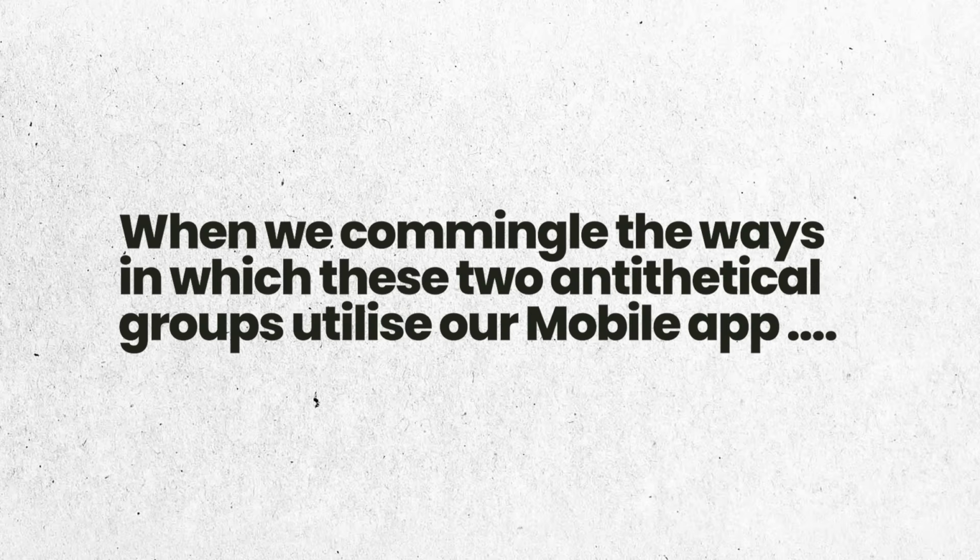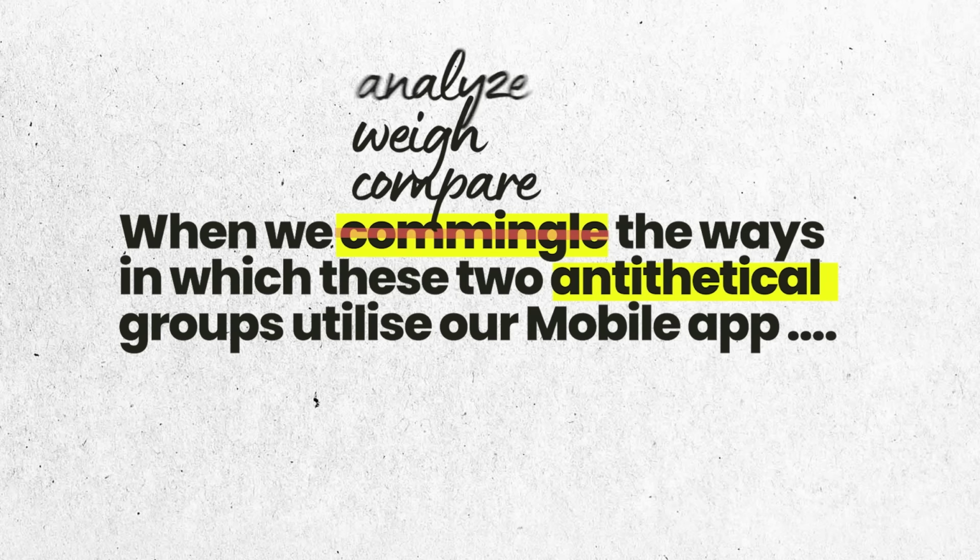When we commingle the ways in which these two antithetical groups utilize our mobile app, well, too many complex words that can easily confuse listeners. Instead of commingle, you could use compare, weigh, or analyze.